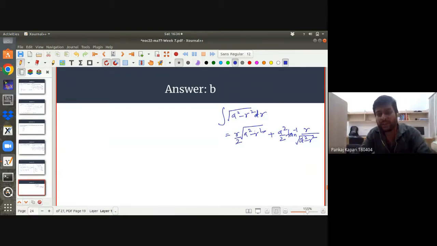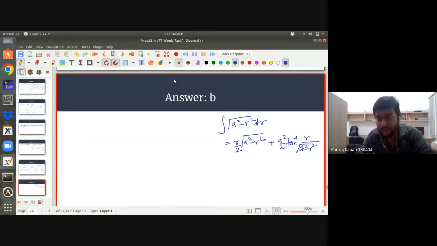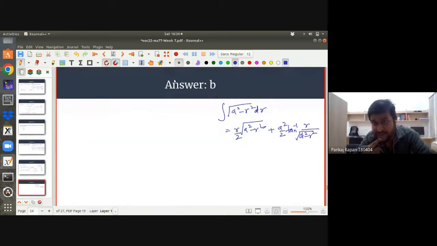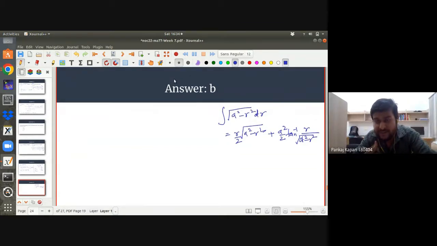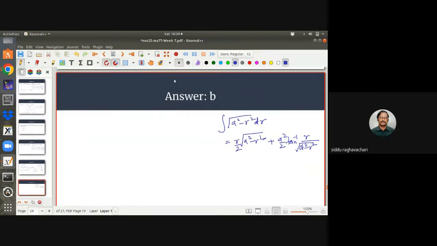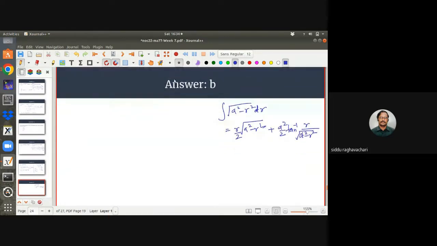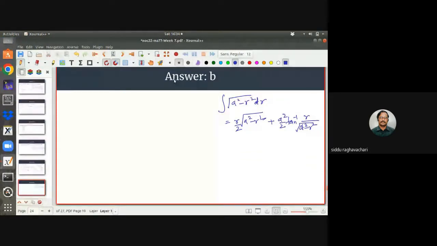Okay, so we can apply. Is this correct? No. Sine inverse of r by a. So r by 2 into root of a square minus r square plus a square by 2 into sine inverse of r by a.